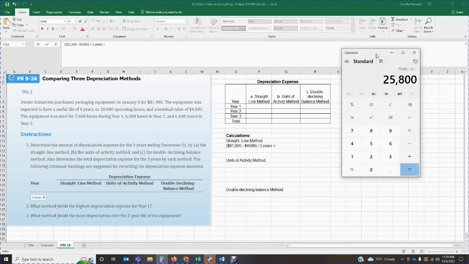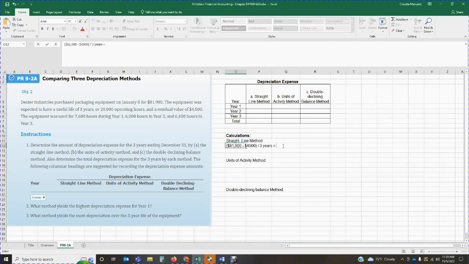That gives me an annual depreciation expense of $25,800 each year. So now I can fill that in. Straight line depreciation will be the same amount every year. Straight line, which means it doesn't change.